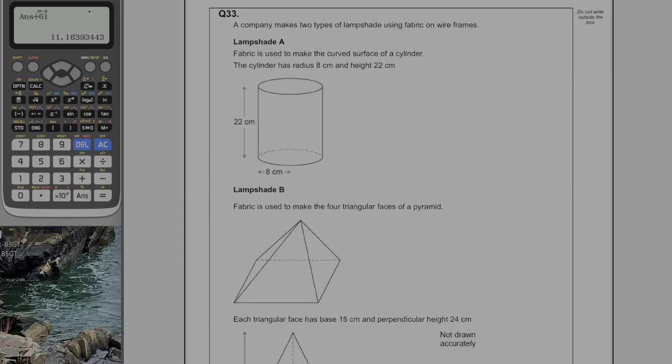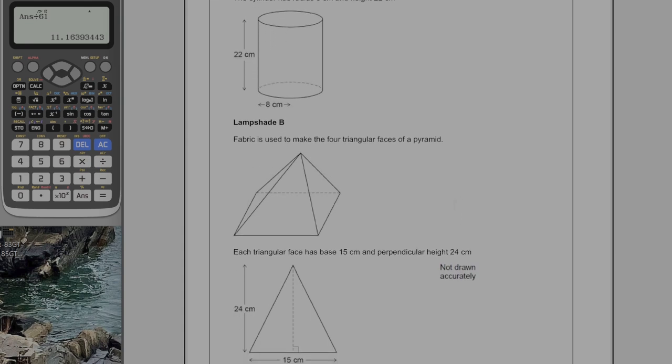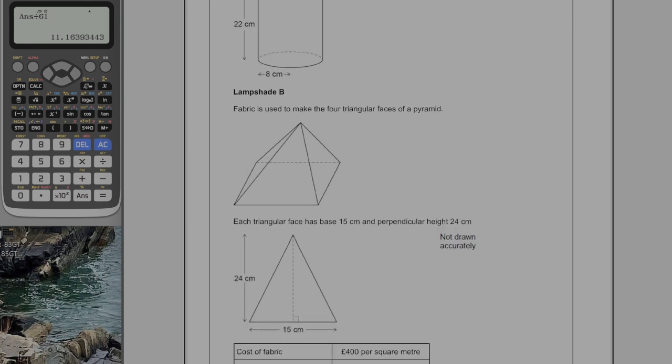Right, question 33. A company makes two types of lampshades using fabric on wire frames. Lampshade A. The fabric is used to make the curved surface of the cylinder. The cylinder has a radius of 8 centimeters and a height of 22. Lampshade B. The fabric is used to make 4 triangular faces of a pyramid.